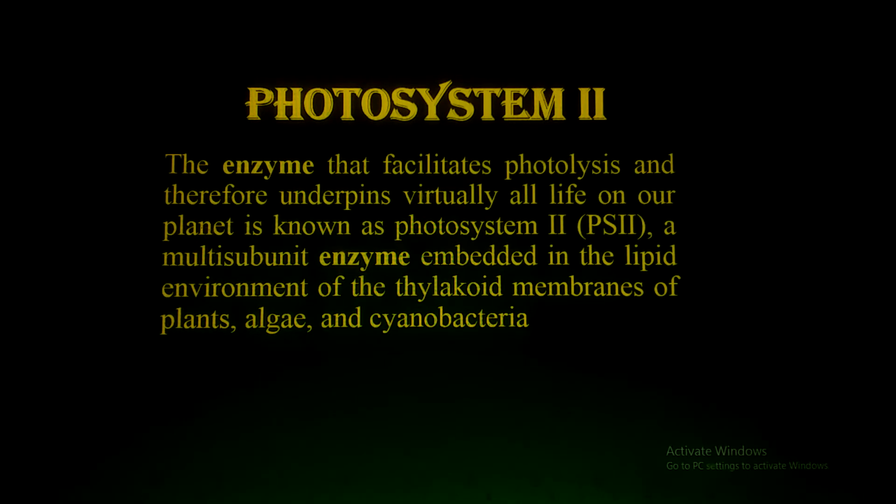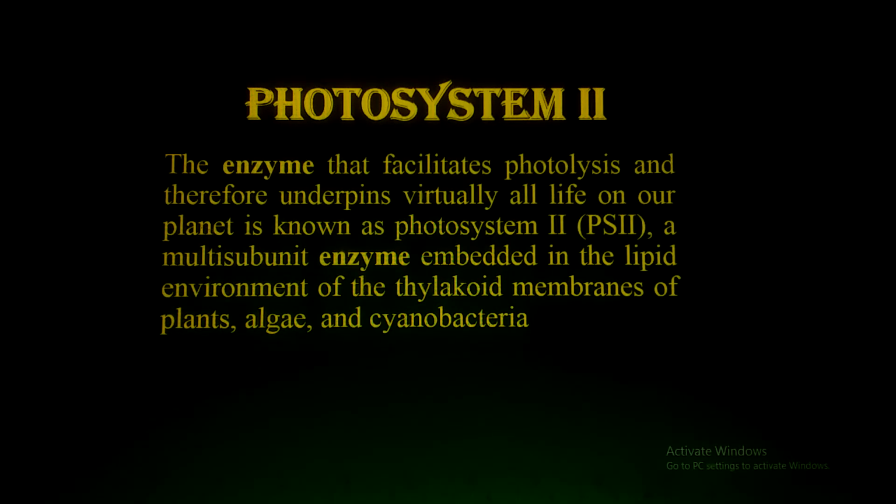Now, what is photosystem 2? Photosystem 2 is the enzyme that facilitates photolysis and therefore underpins virtually all life on our planet. It is a multi-subunit enzyme embedded in the lipid environment of the thylakoid membrane.